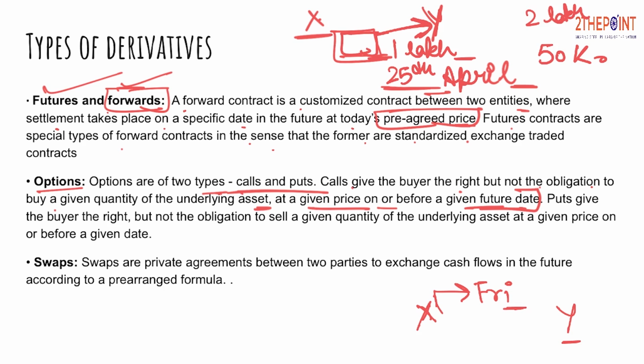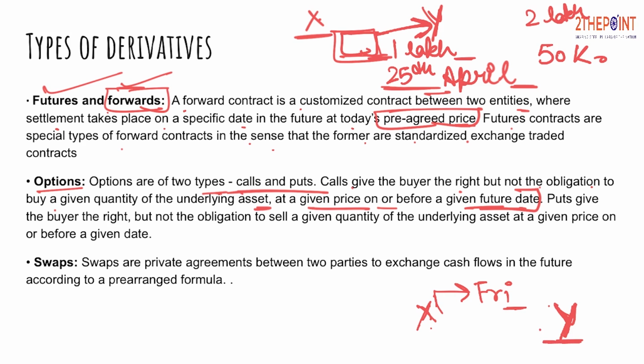I will decide on Friday after it is released. So Friday comes and Y notices that the movie is not a hit and has flopped badly. So now Y has an option that he can either purchase the ticket or deny purchasing it.